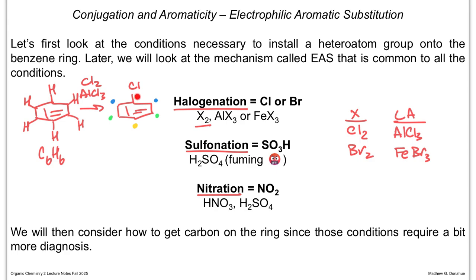So if we were starting with that and we wanted to do a second chlorination, where is it going to go? And again, that gets back to the induction and resonance. Once you know the conditions to get something on the ring, the intuition is in developing a strategy to control the positions of any subsequent reactions.